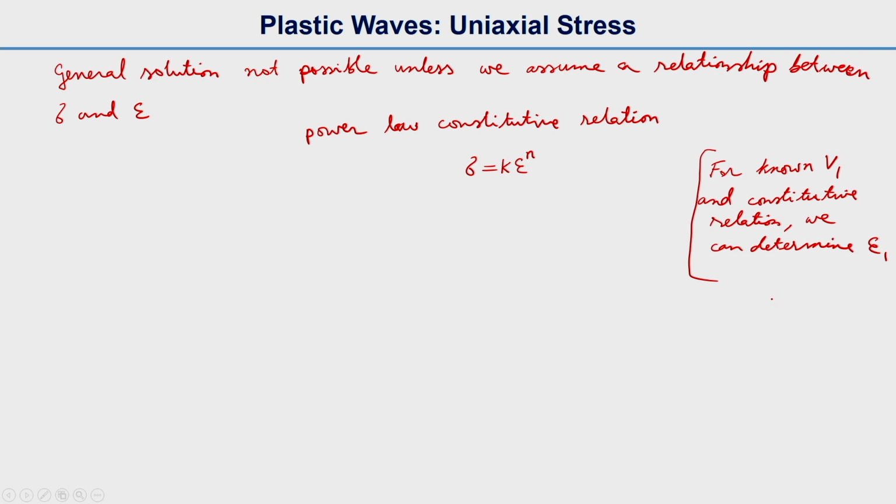Epsilon 1 is the maximum plastic strain undergone by the wire. We will find that expression in terms of V1, that is the impact velocity.